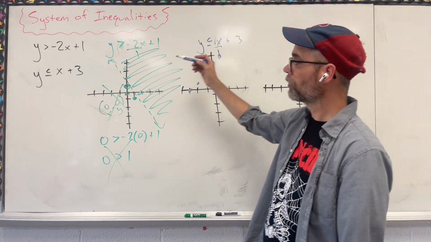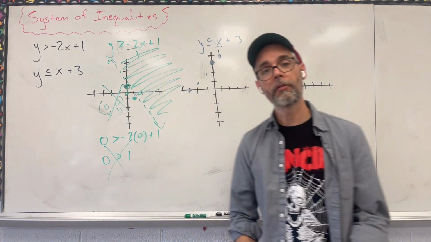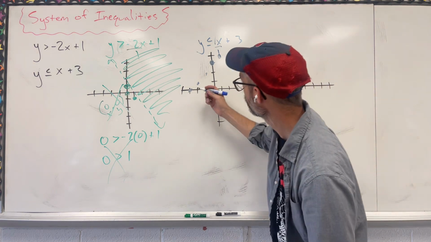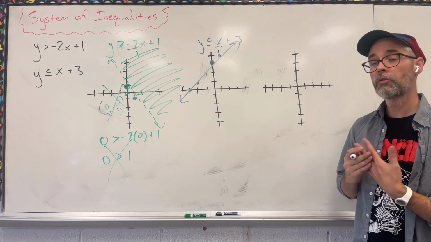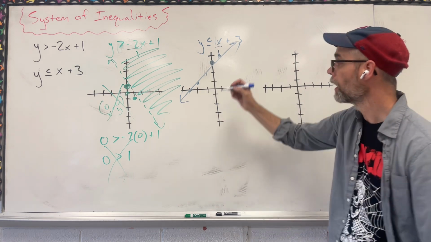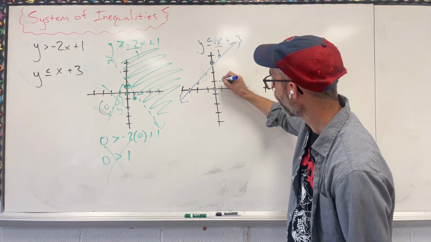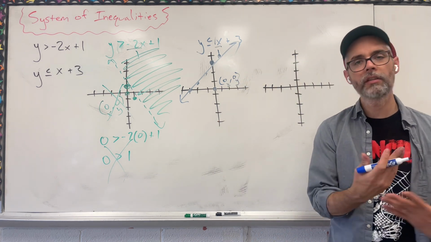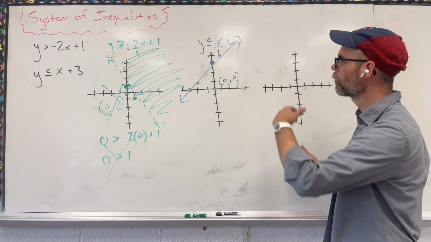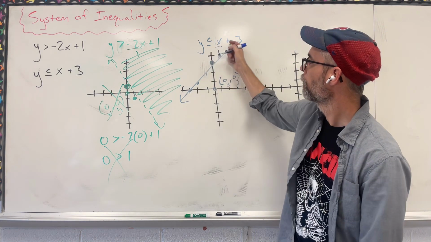Because we have an equal sign here in our problem, that now says we're going to have a solid line. So connect those dots with a solid line. We then need to shade. Pick a point, any point. I like 0, 0. Why? Because when I plug 0 into my problem, things end up canceling out. It's an easy number to deal with. So let's put them in there.